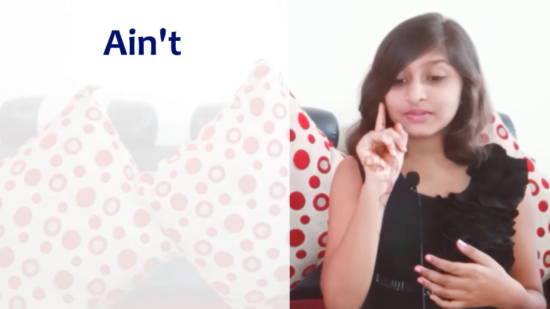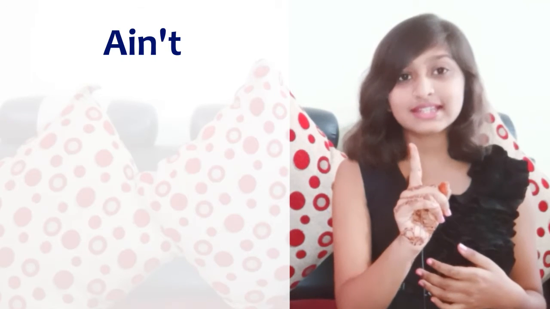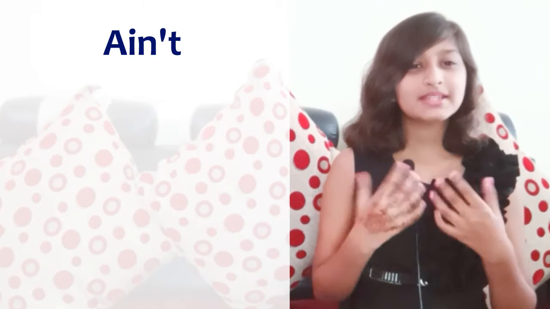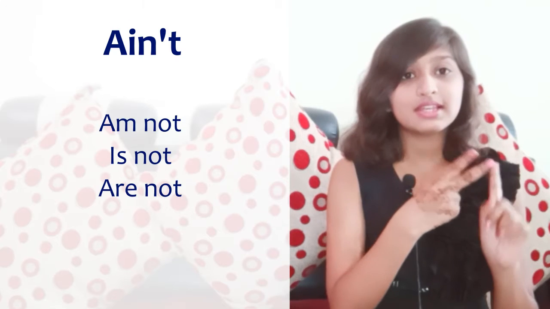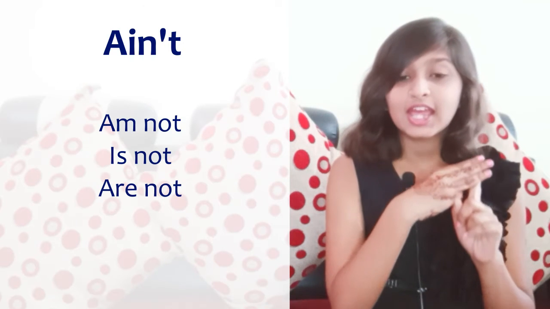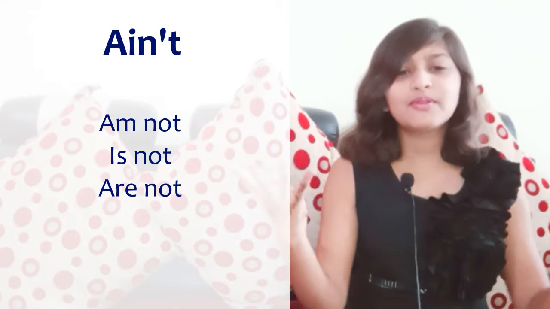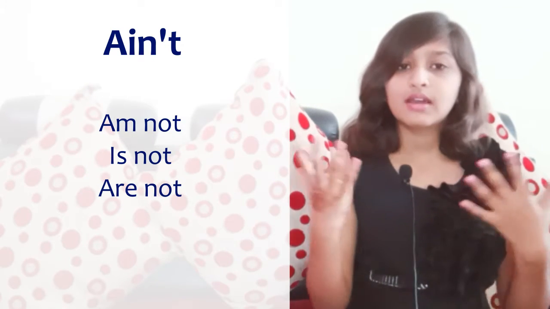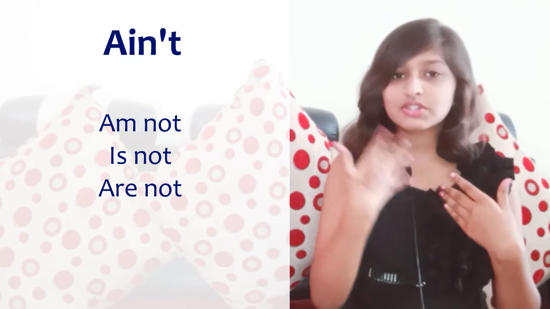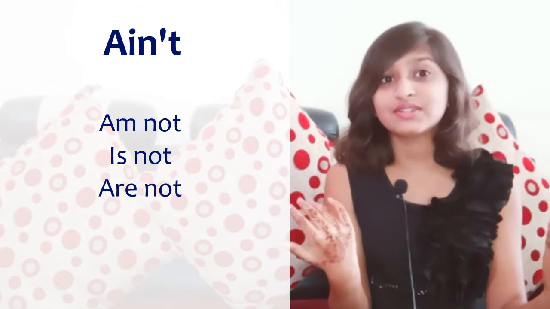However, ain't is very informal, it's actually slang, and also ain't is considered incorrect by some of the grammar police. Whenever you're using ain't, please also make sure to remember that ain't is the short form of am not, is not, and are not. And that means that ain't can be used with every noun actually. For example, I ain't a student, she ain't a student, they ain't students.